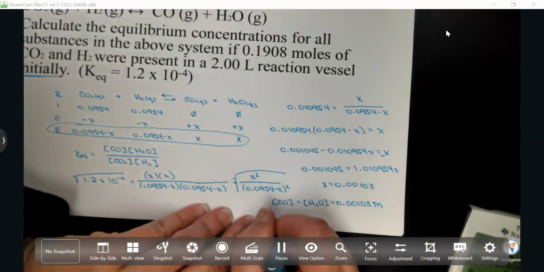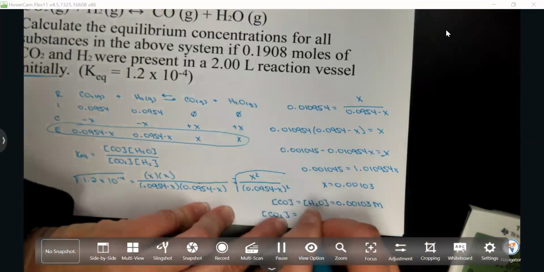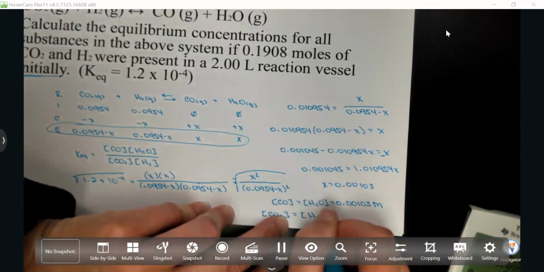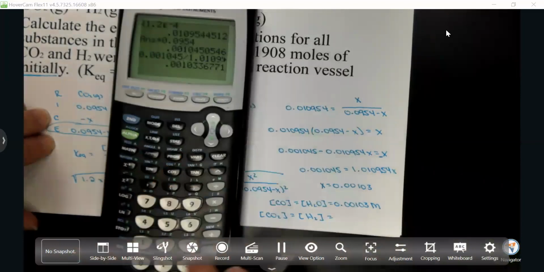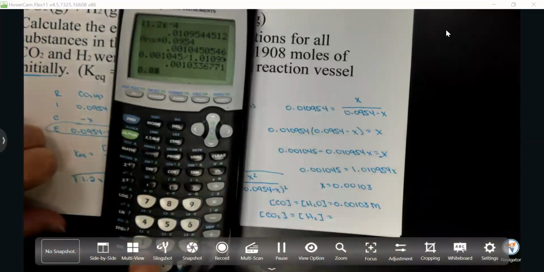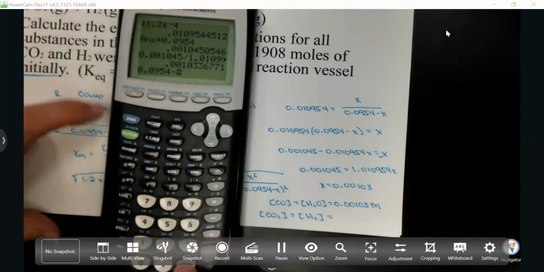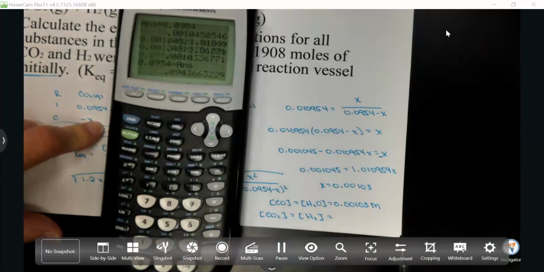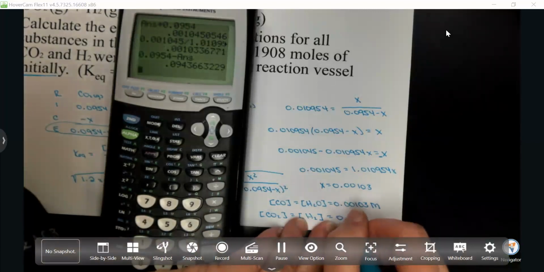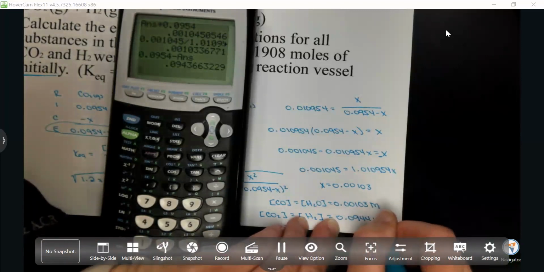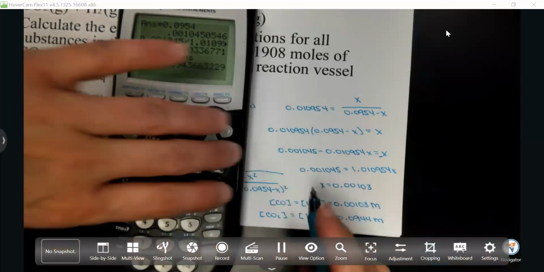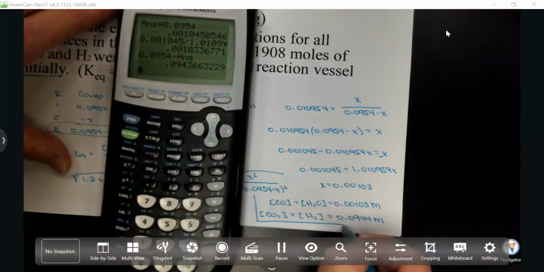And my concentrations of the CO2 and the H2 are going to be equal to each other, but I have to subtract my X from 0.0954. So 0.0954 minus our answer, and I get 0.0944. And that's my final answer here. Concentrations of everything.